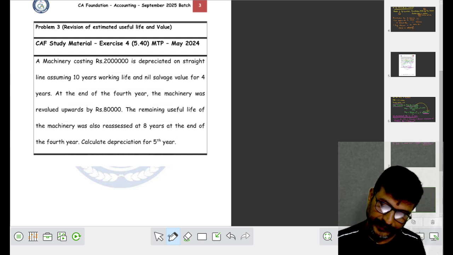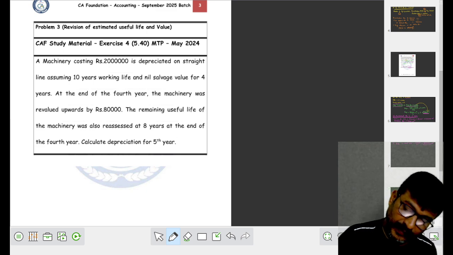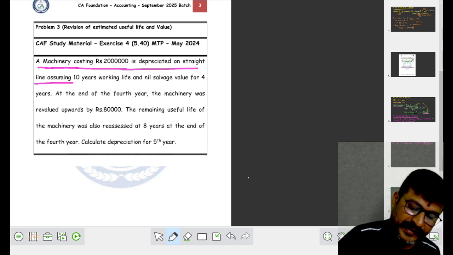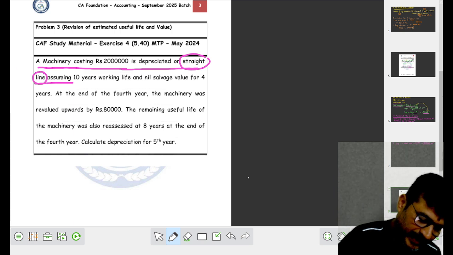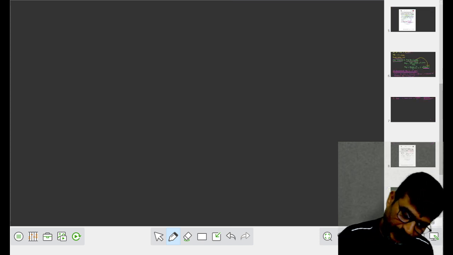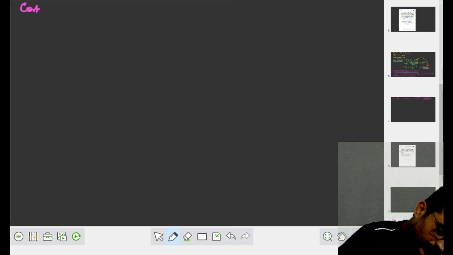What happened here? Problem number 3. See here what happened. A machinery costing 20 lakh is depreciated on straight line basis. What do you mean by straight line basis? Original cost method. Okay, fine. You get ready with the format, that is cost of machinery.